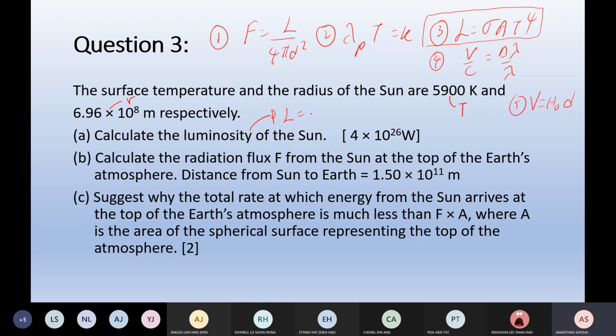Luminosity is sigma A T power of 4. You know T, you know the R, you know the constant, so you can find the luminosity. You should get 4 times 10 to the power 26. The first question, Stefan's law to be used. Okay, look at B.